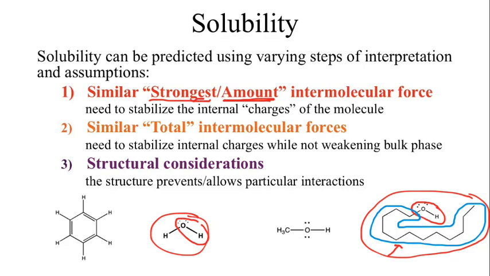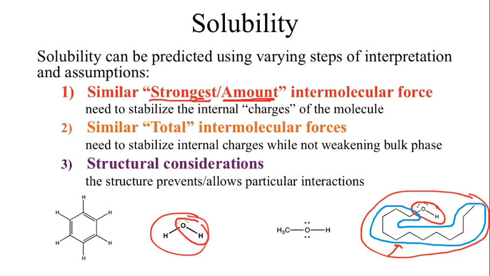We could take it further and look at similar total intermolecular forces. If you think back to the solubility experiment, methanol and salicylic acid. Those 2 should have mixed. And if we said hydrogen bonding was the reason why, then when we take salicylic acid and put it into water, we would expect them to mix too. And they didn't.